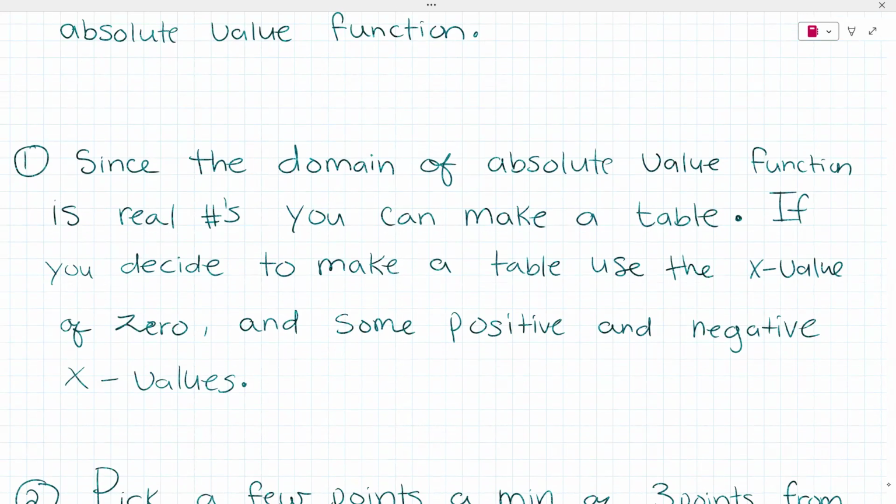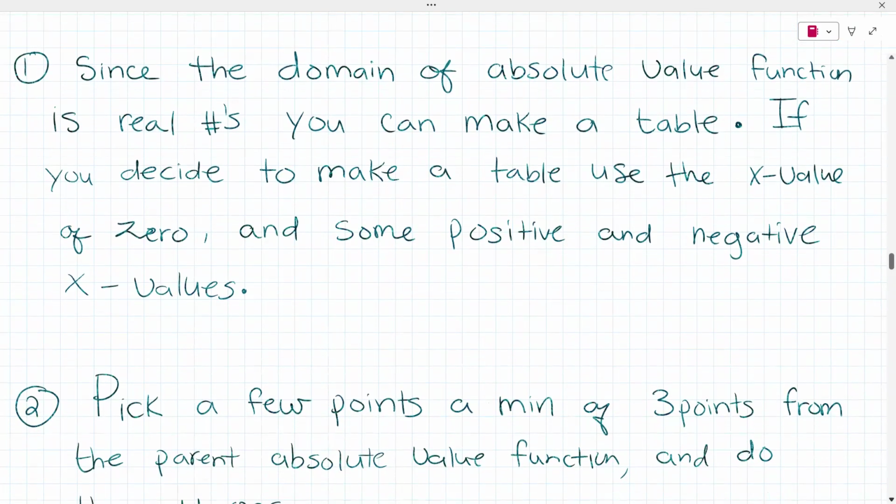But if you decide to make a table, make sure you use the x value 0 and some positive x values and some negative x values. That'll give you the best description of your graph.